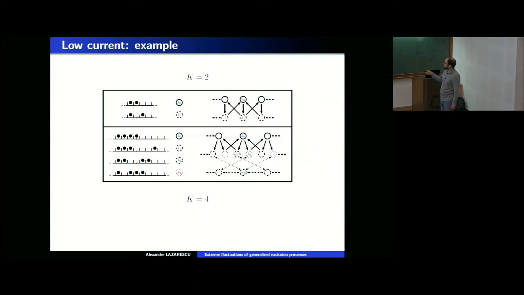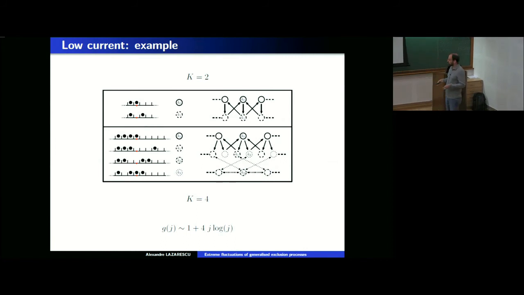So for instance, for a width 2 or 4, I have just dynamics between all of those states, with the red dot marking one specific site in there, but the process actually contains those states translated everywhere in the system. In both of those cases, the large deviation function behaves like 1 plus 4 J log J, so that constant is 4. In both of those cases, and in fact in all cases, that process is quasi one-dimensional in configuration space, not in physical space. So it's a much reduced process.